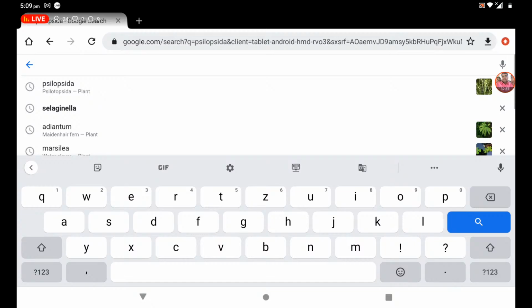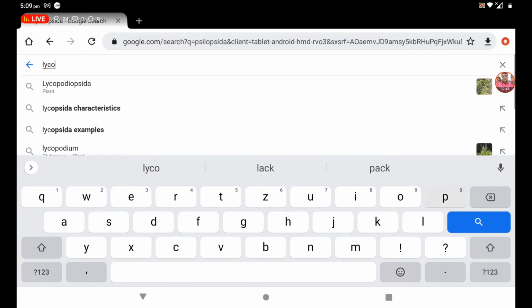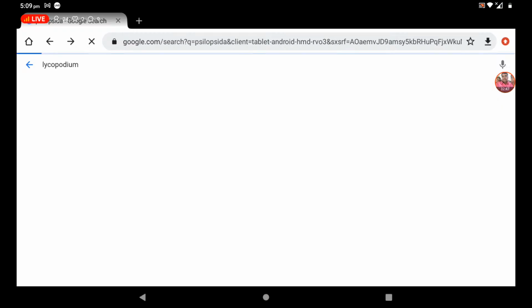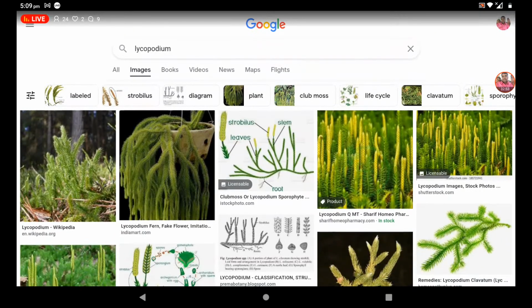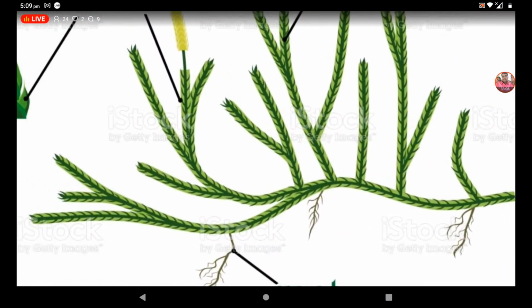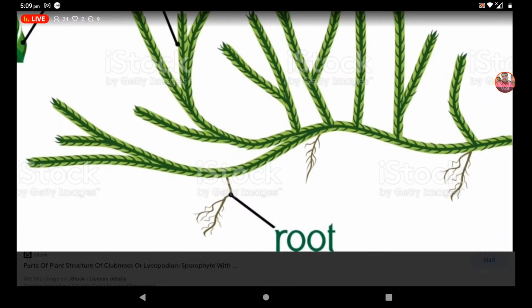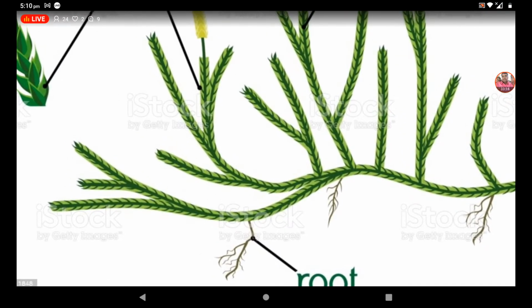Psilotum we got it. The second group is Lycopsida. Lycopsida consists of Selaginella and Lycopodium, two of the same group. Here we can take a good diagram. You observe here, it is exactly suitable for our explanation. The root is an adventitious root, because root is developed from any part of the stem.